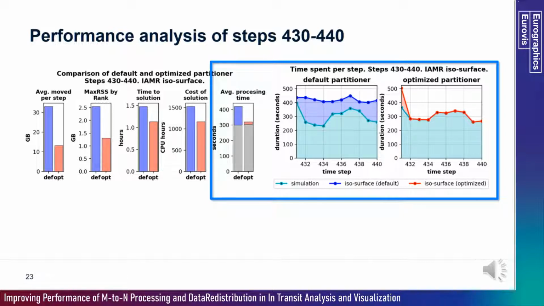The data from which this bar chart was generated is shown in the right 2 panels, where we've captured the simulation time in teal and the extract time in blue and red. And these are stacked plots, so the extract time is stacked on top of the simulation time in both of these. And this shows a pretty substantial improvement with the optimized partitioner. In fact, with the chart on the right, all but the first execution of the extract ran in under 2 seconds.